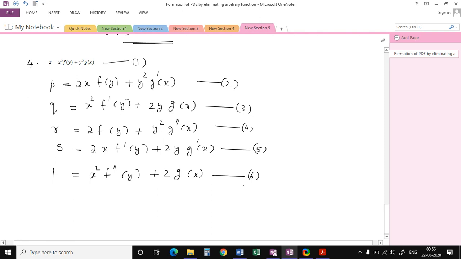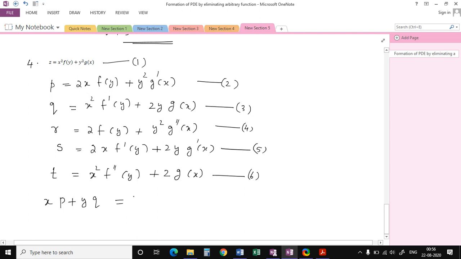So now you have to observe all these equations and you have to find out a method by which you can eliminate these arbitrary functions fy, f dash y, gx and g dash x. So here you can see that if you are finding xp plus yq, then you can eliminate these functions. So now xp plus yq means multiply this equation by x.